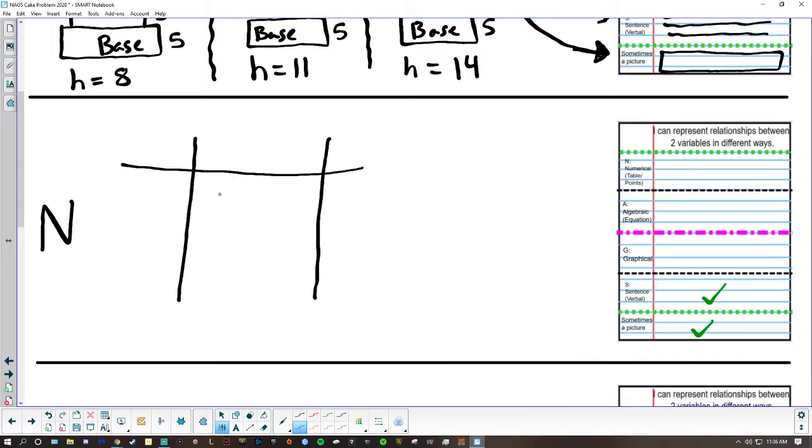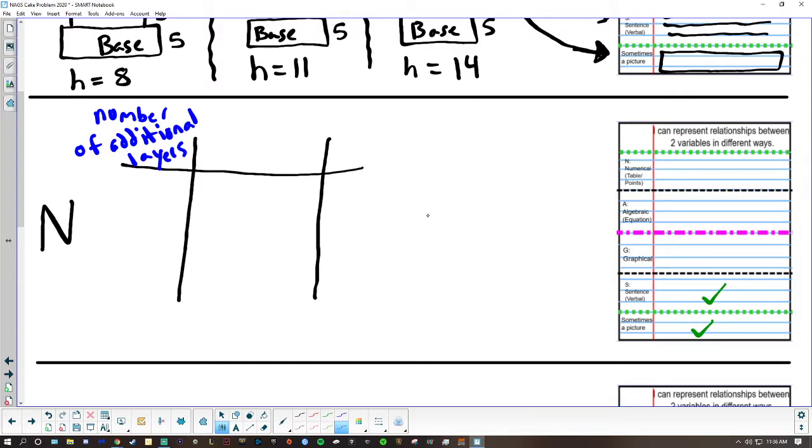I'm going to draw a table. On the left side, what we are picking is the number of layers. So I'm going to label that. My left side is number of additional layers.